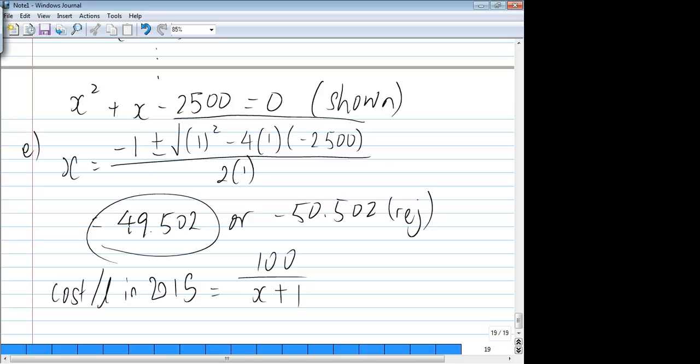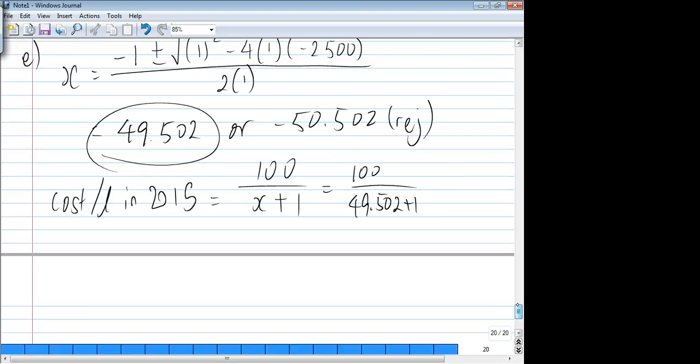So substitute your 49.502 inside X. Okay, and you continue to work it out. This will be in 2dp because of money.